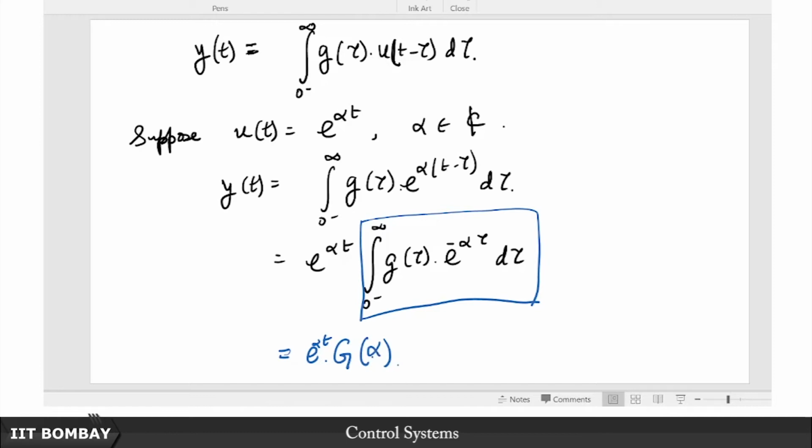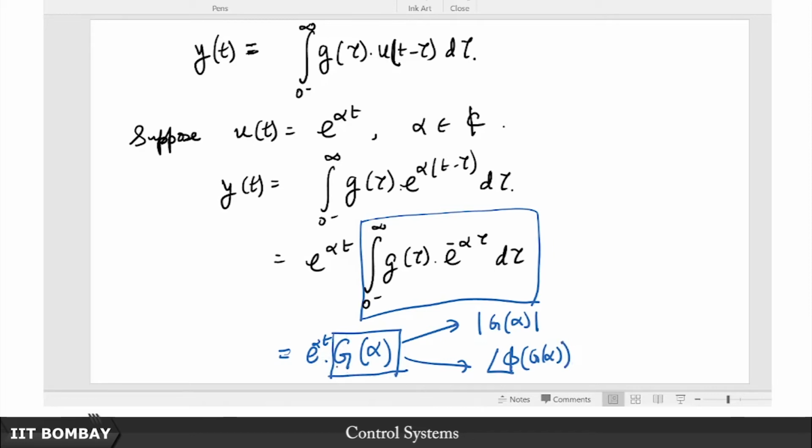So, it turns out that if your input to the system is e to the alpha t, then the output of that system will be just e to the alpha t multiplied by this complex number. So if this is a complex number, then this has two things. One is of course the magnitude of the complex number, the other is of course the phase of the complex number, right? Yeah. So now I can clearly depict or capture this like a gain term, alright.